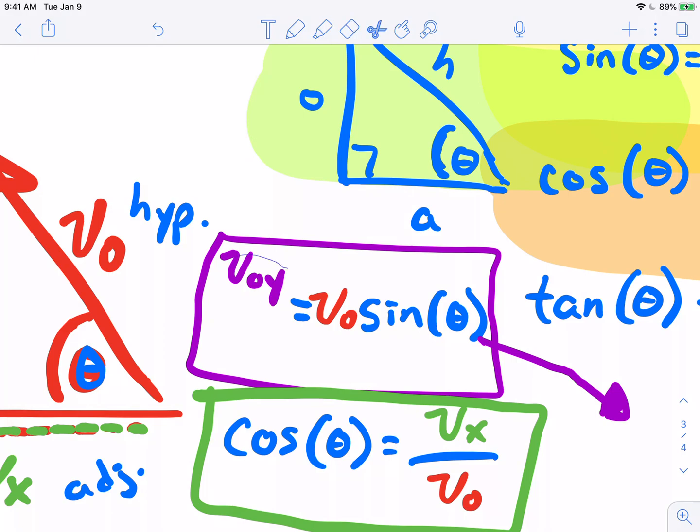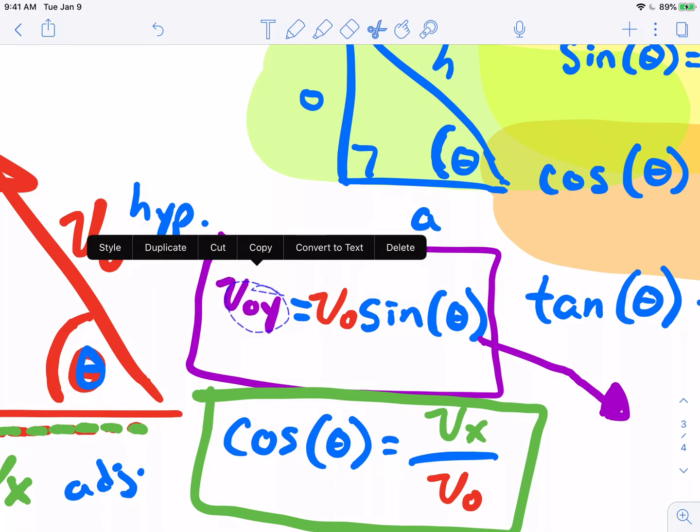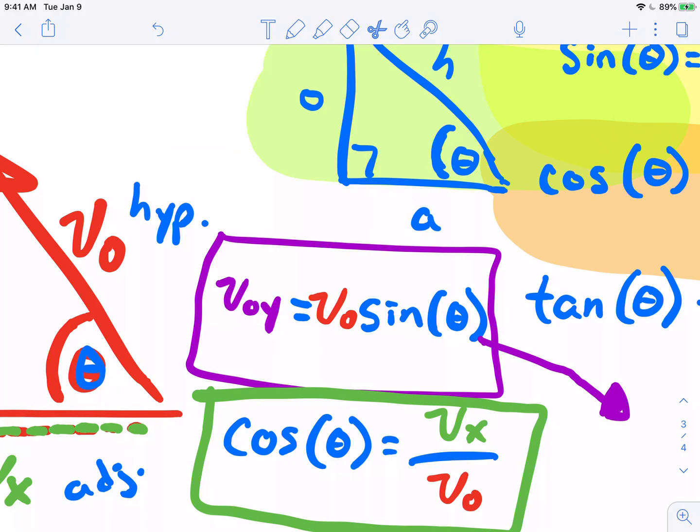And so that, my friends, is what you're going to memorize to find the initial vertical velocity for a projectile launched at an angle above the horizontal.